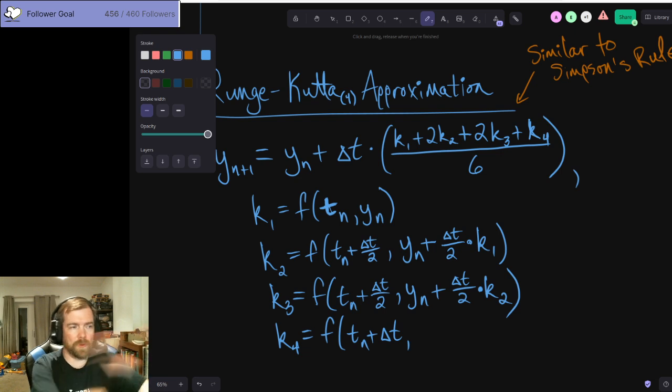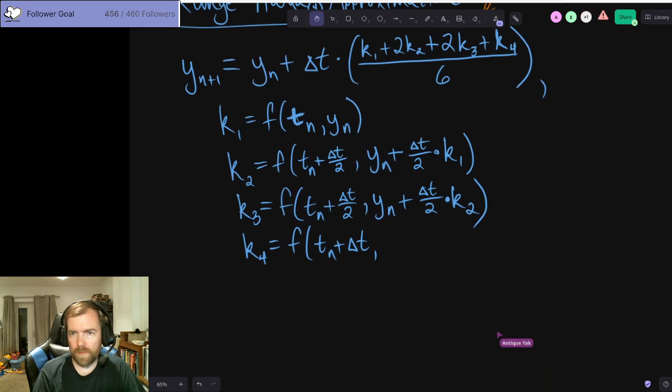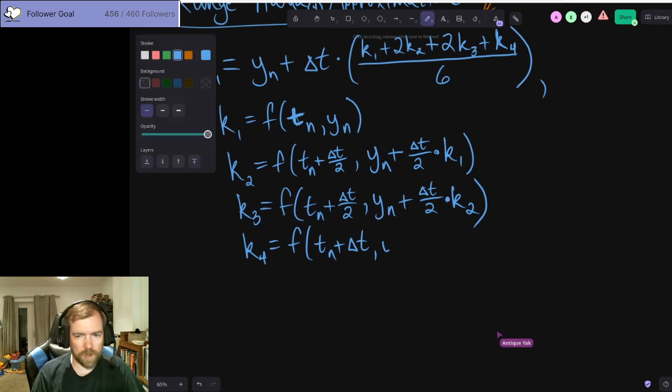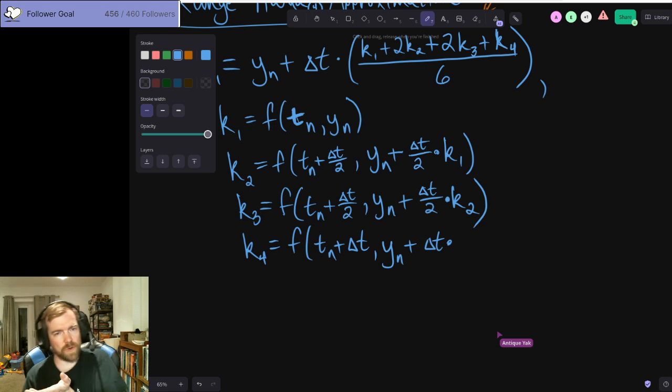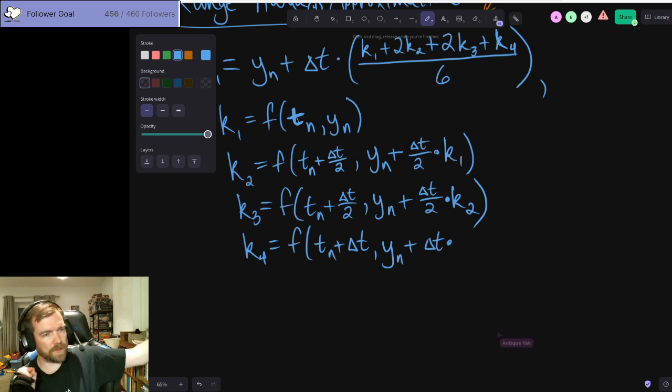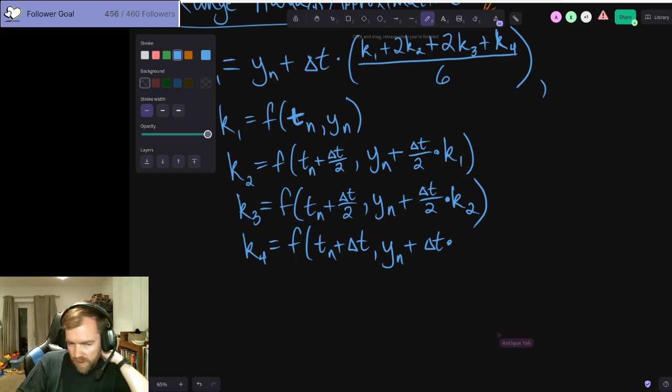So now we go all the way over, and we use y sub n plus delta t times, again, we're just going all the way over with our y value, taking that line and then going all the way out to our next t value. So the full delta t times k3.